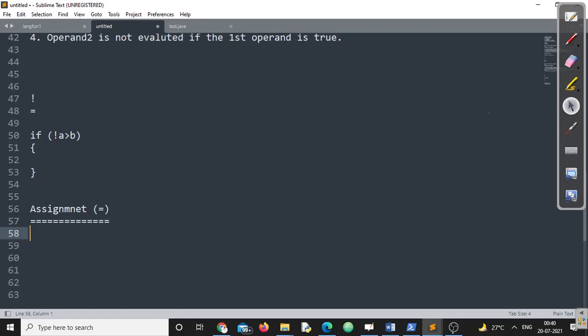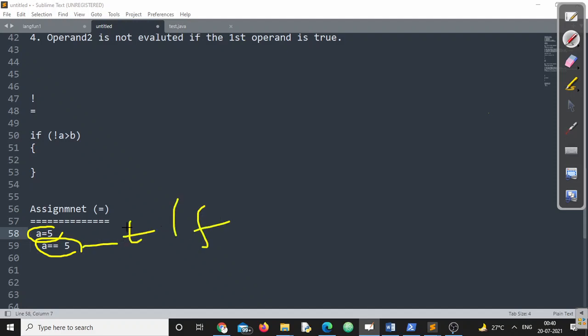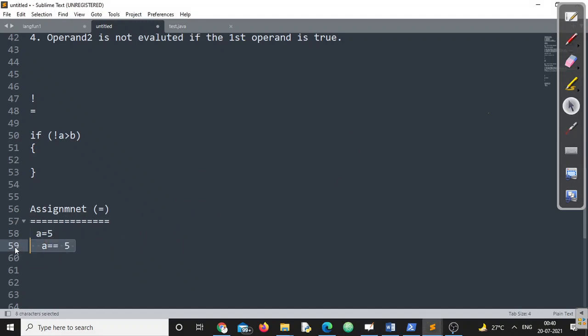Instead of writing A is equal to 5, by mistake, if I am writing A is double equal to 5, there is a difference, isn't it? In the first case, 5 will be assigned to A. In the second case, it will produce either true or false, right?